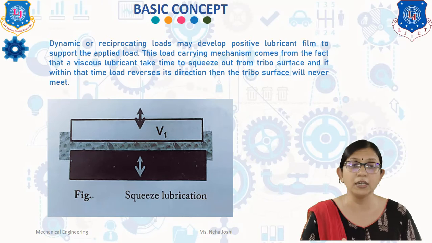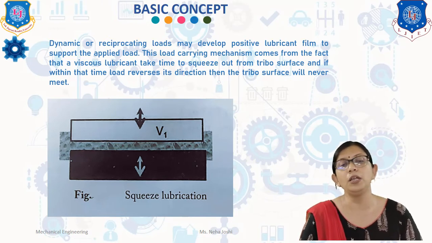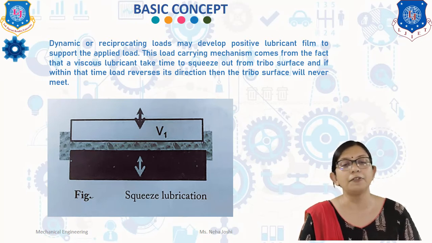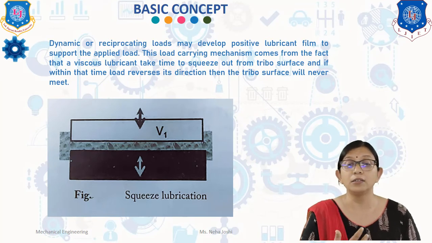In other words, if load or velocity varies periodically, then a periodic variation in lubricant film thickness occurs and the surfaces may not contact at all. A sketch of squeeze action due to variable speed has been shown in the figure. You can see here the squeeze action due to the variable speed.